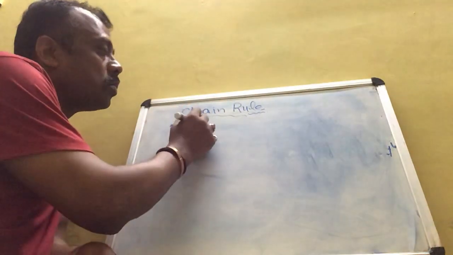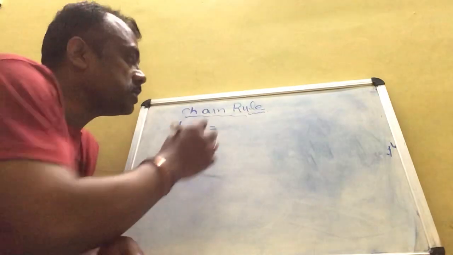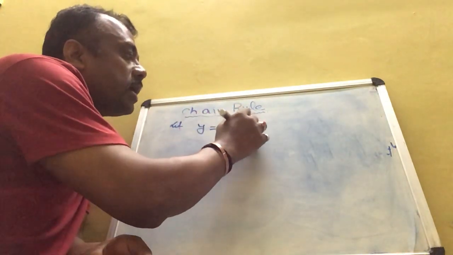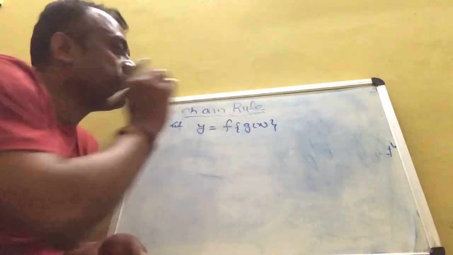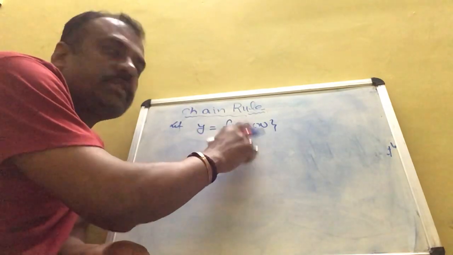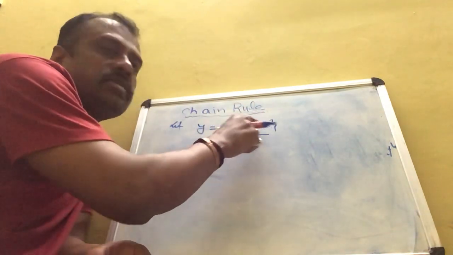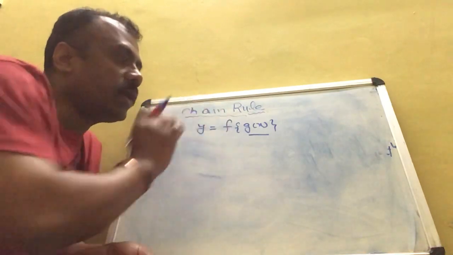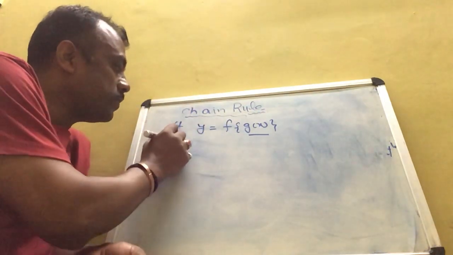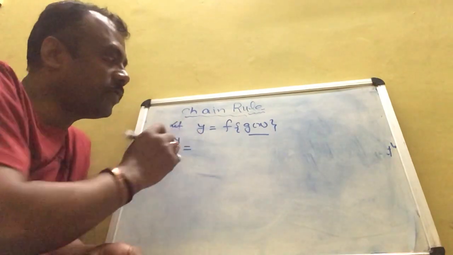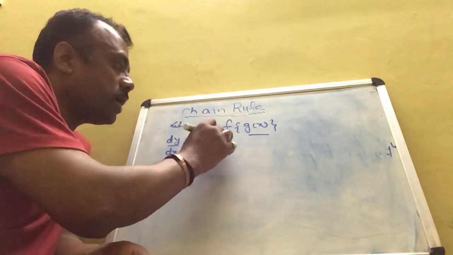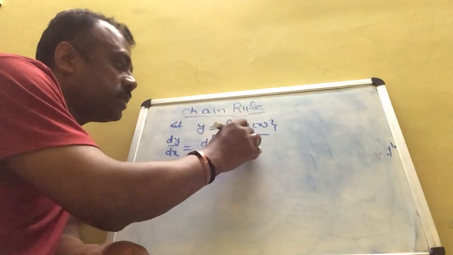Let y be a composition of two functions f(x) and g(x). From here it is clear that f is a function of g(x) and g is a function of x. To find the derivative of such functions, we have to adopt this way: d/dx of f of g of x.